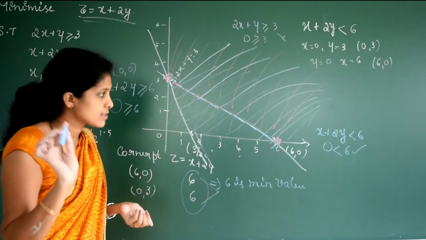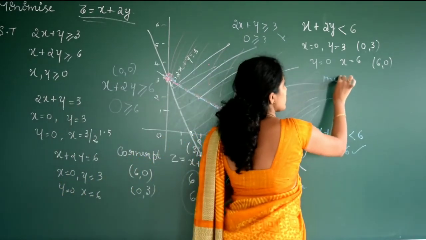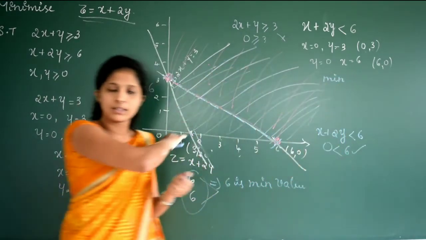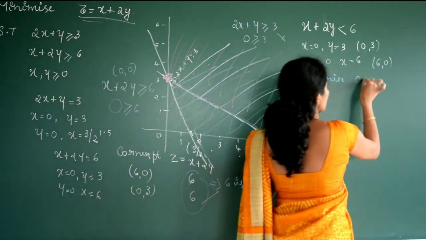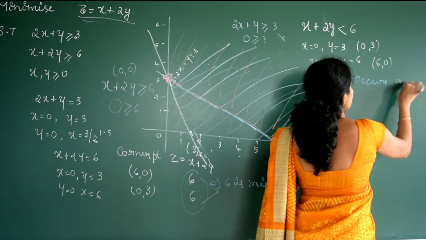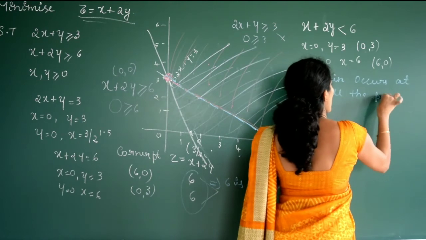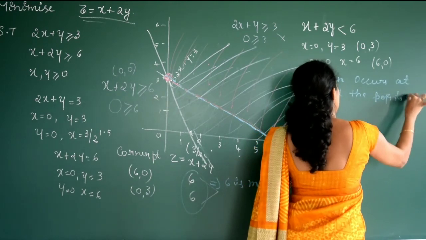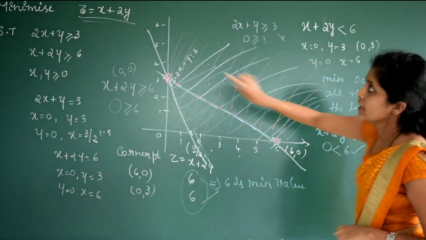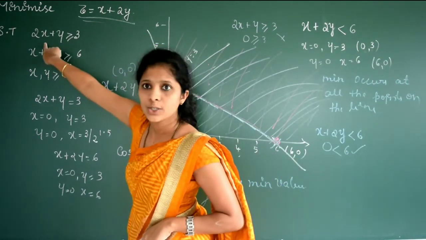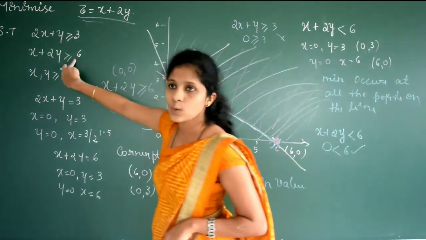So the final answer is, because it is there at 2 points, as in the previous problem we have solved a similar one, the minimum occurs at all the points on the line, which line is it? x plus 2y is equal to 6.